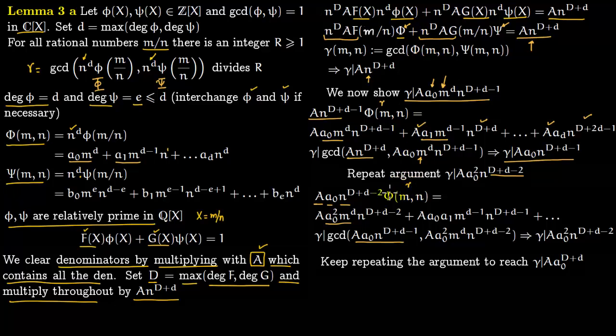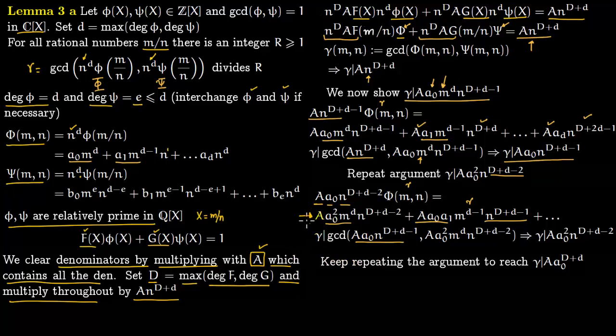So gamma divides this and it divides this, but this term, as you can see, occurs here, and it occurs in every term after this. So gamma divides this term and every term which occurs here. So it is dividing everything, so it has to divide this first term also.